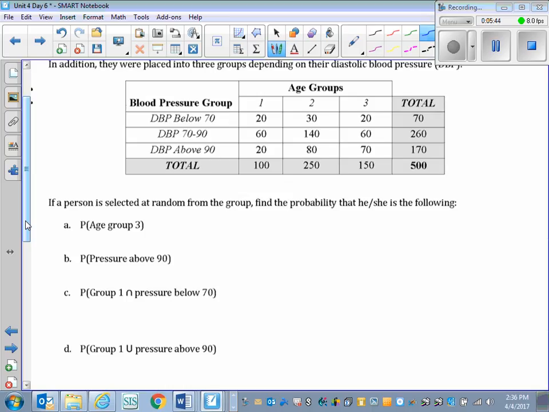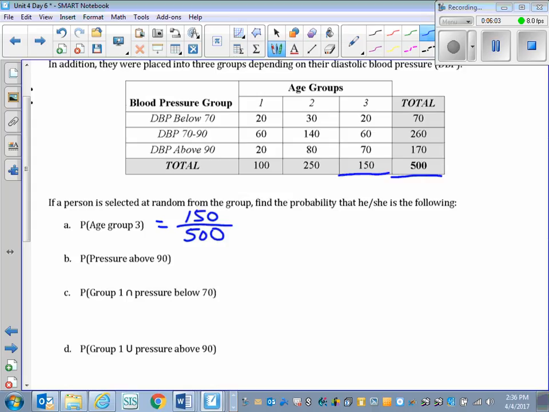So the probability that a person is in age group 3: there are 150 people in age group 3, 500 total, so that's going to be 150 over 500. Remember, you should not reduce.